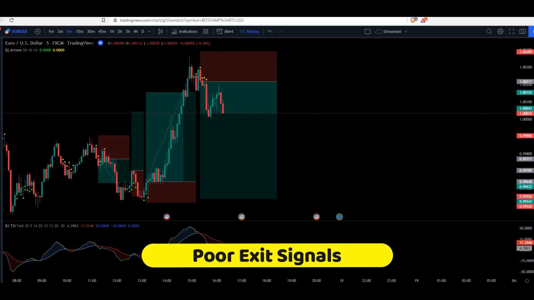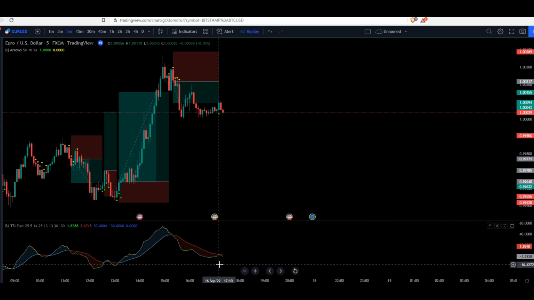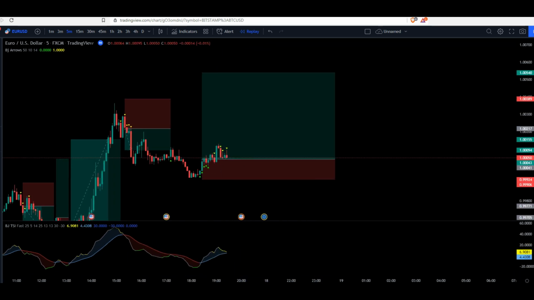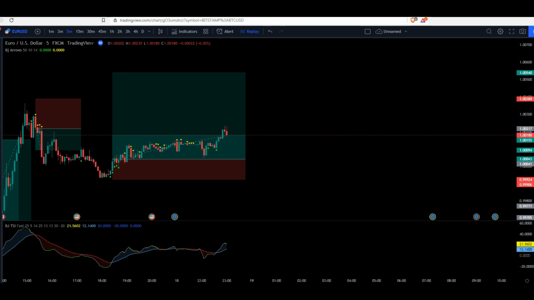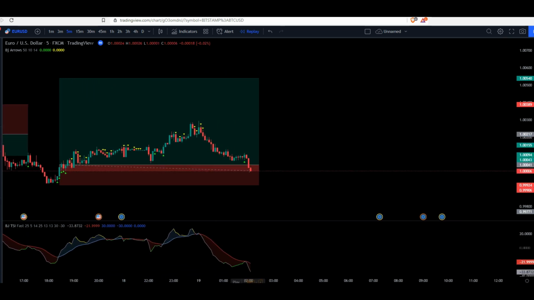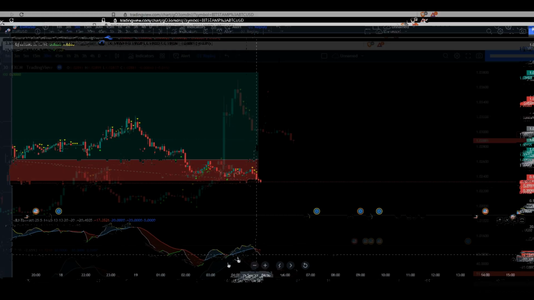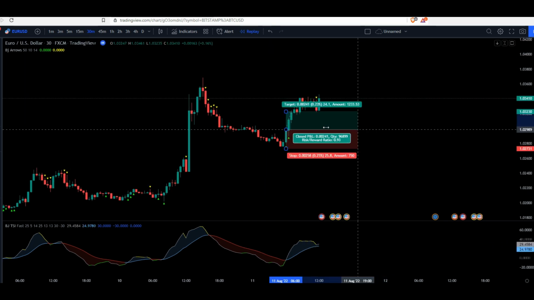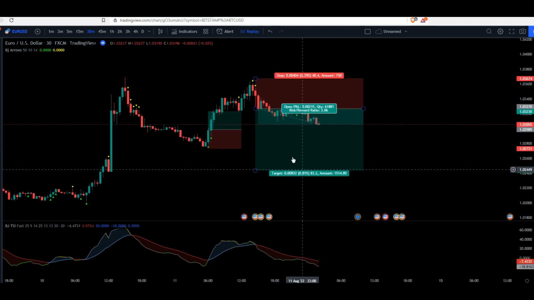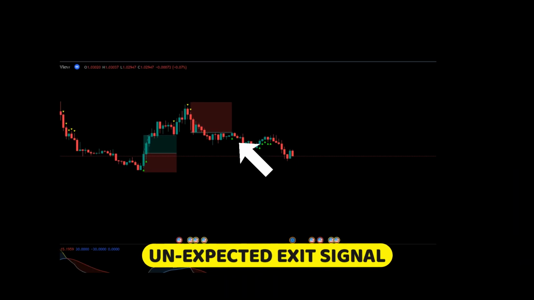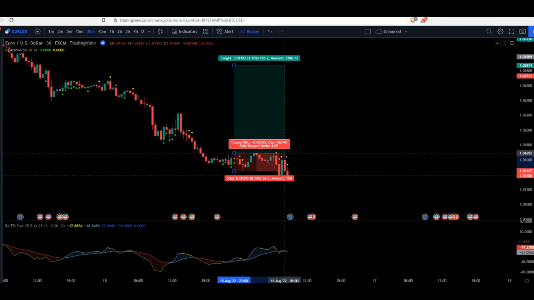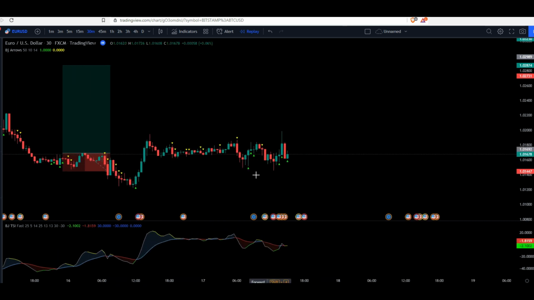I was thinking, should I follow the indicator's signal or test 1 to 1.5 ratio trades? Some of the trades ended up going like this. And the unexpected signals were often present on a higher time frame. I completely decided to ignore the exit signals from the indicator.